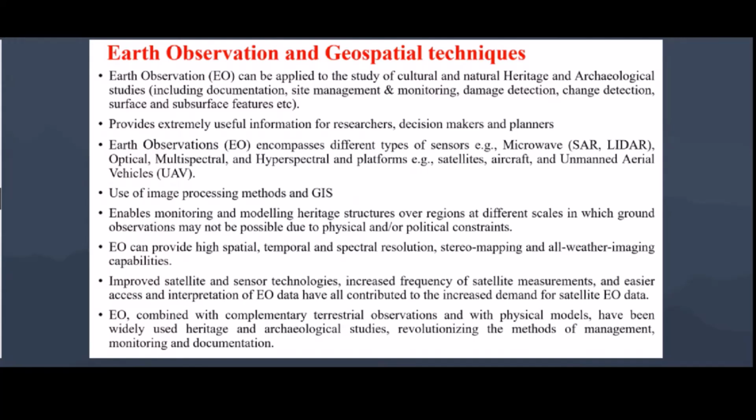For example, if you look at the Taj Mahal, if you take a satellite image of the area and get a vertical view of that place, you will see that it is surrounded by several industries.